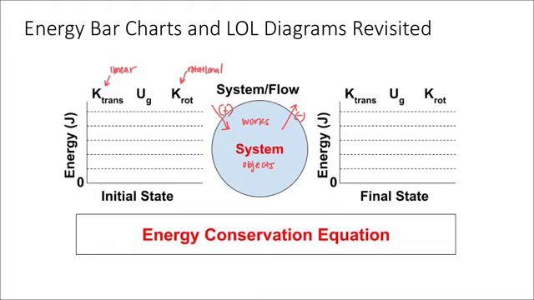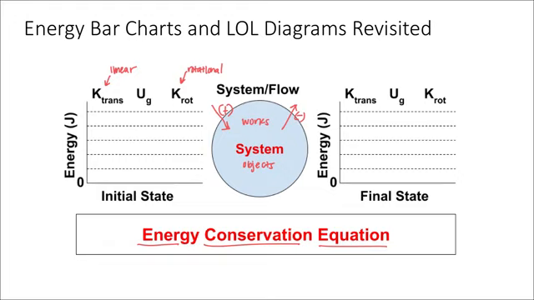We will get our energy conservation equation simply by evaluating the terms that we have and eliminating the ones that we do not from our energy bar charts. So this really simplifies the problem-solving process and acts as a very helpful guide when solving problems, especially when there are multiple forms of energy present.